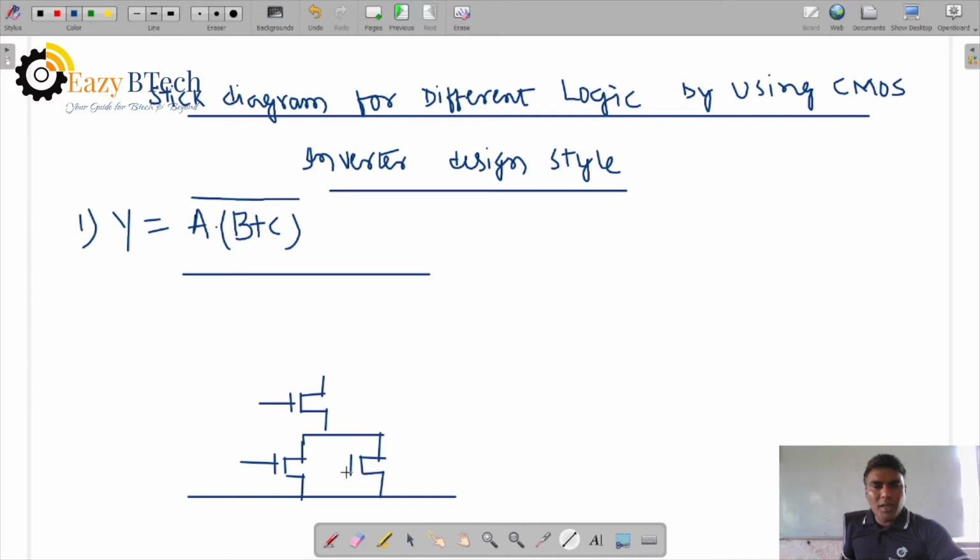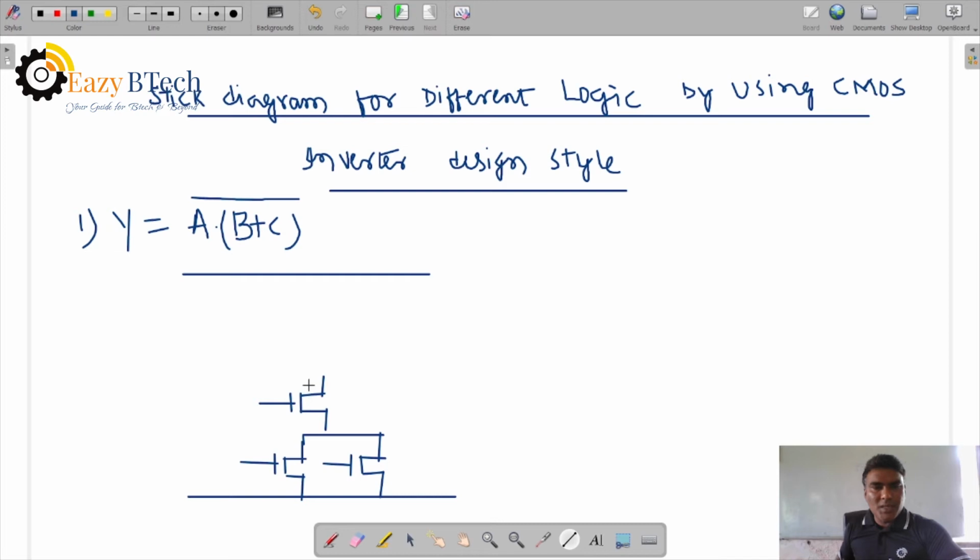So first you see the logic, B plus C: plus means OR logic, NMOS are in parallel. A into means AND logic. So AND logic means series, plus means parallel, right? According to this, you can draw the complement PMOS transistor.